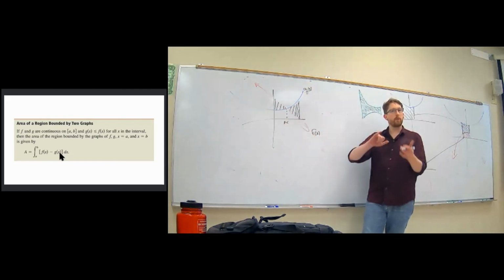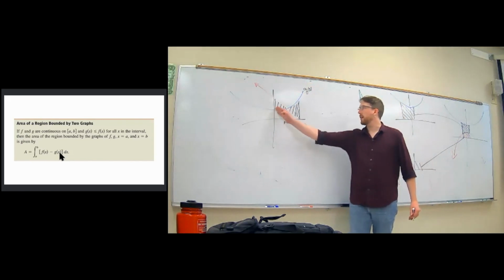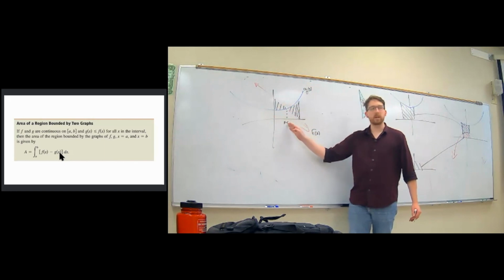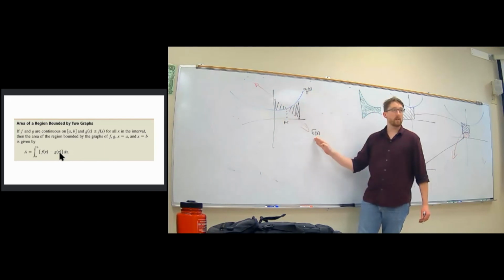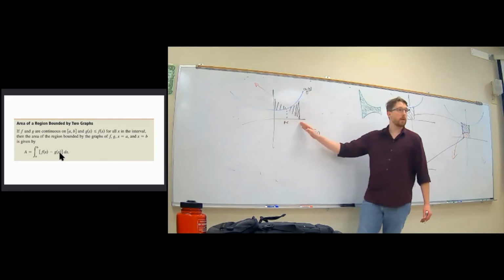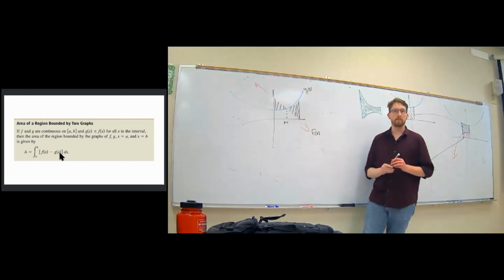So you would just flip those, right? You'd say integrate f of x minus g of x from 0 to c plus the integral of g of x minus f of x from c to b. Does that make sense to everybody? Yeah. Awesome.